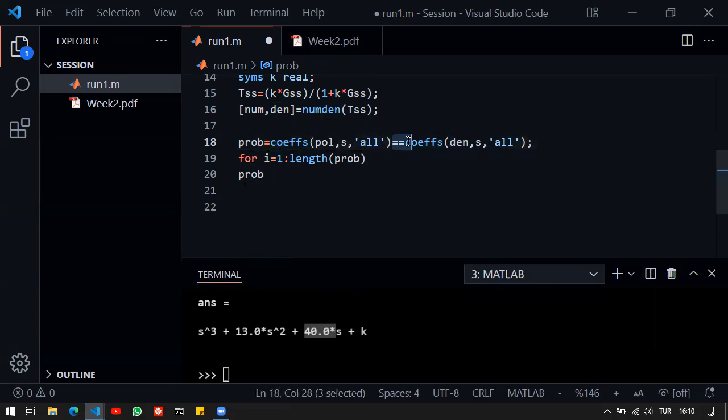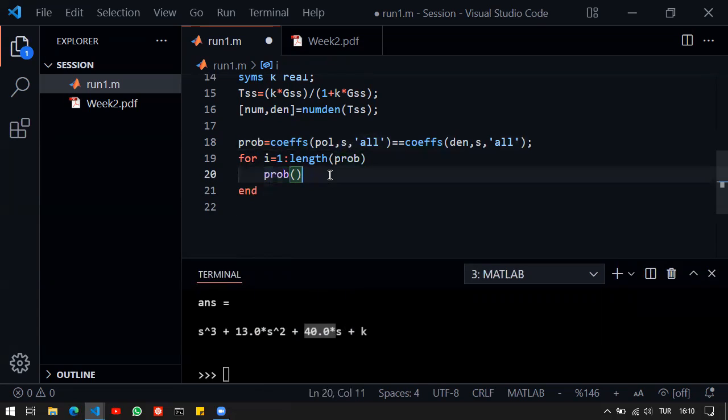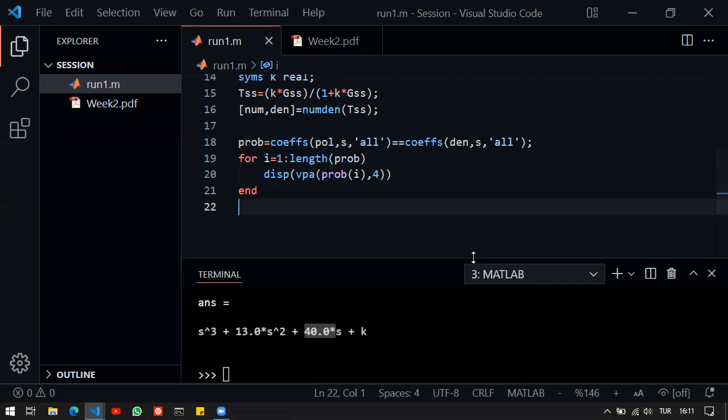And if I have the equals operator here, then element by element would be the comparison. So therefore, I have a vector of equalities in this case. So I can then print them. Let me also use VPA 4 and also display maybe, in order to have nice equations here.